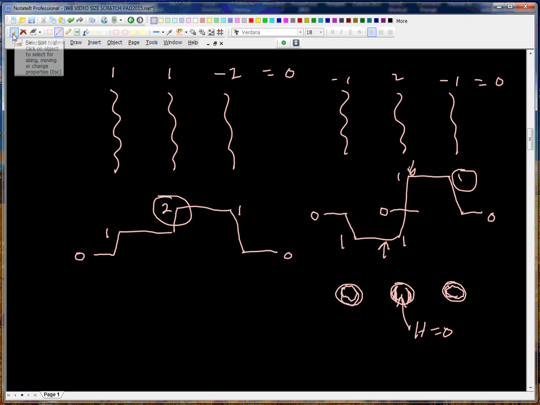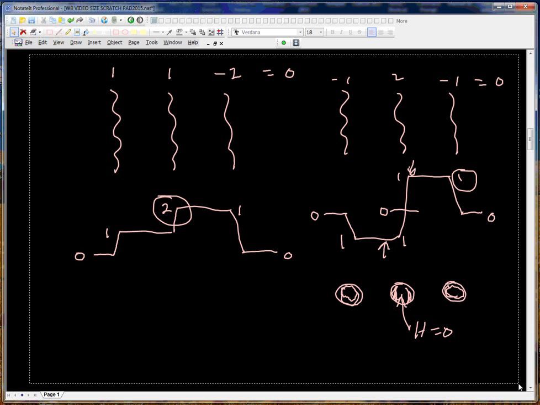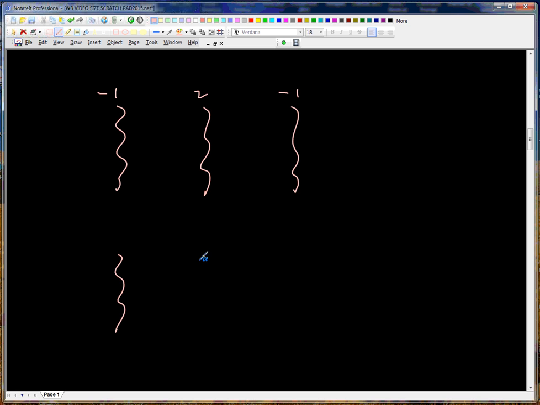So here's how we do it. I'm going to erase this and give you a procedure which is very simple. What we do is draw the 3 windings we had. -1, 2, -1, like we did. And then we redraw it down here. And we replace this one with 2 layers, 2 windings, if you will. So this is now -1.